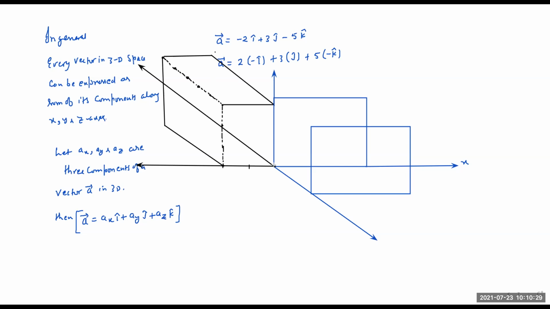This is your R vector. Can you see the R vector now? Yes, sir, I drew it. This is vector A. So the idea is, when you express a vector with the help of three components, you move parallel to x, parallel to y, parallel to z, and then you arrive at the vector.